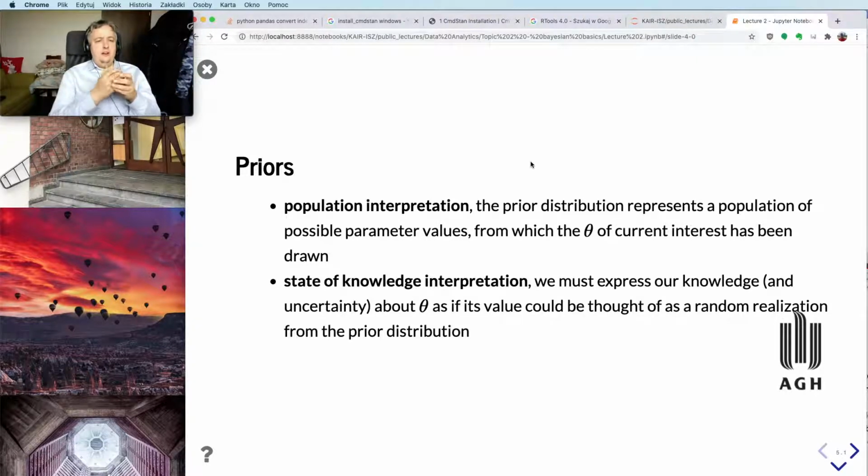And here, for example, we really need to think that theta, the parameter theta, is not random, but from our state of knowledge, it could be any of these values that we have with probabilities like this.